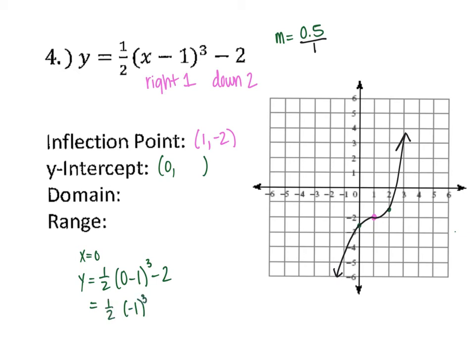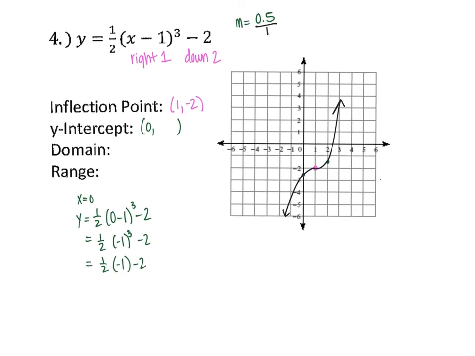This 1/2 outside, -2. -1 cubed, so exponents is next. If I take -1 and multiply it 3 times together, that's going to give me also a -1. I still have this 1/2 out here, -2. So it looks like I have -1 times 1/2, which gives me -1/2, or -1 over 2, minus 2.